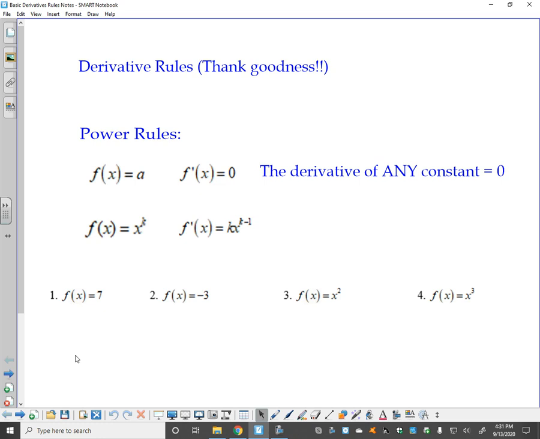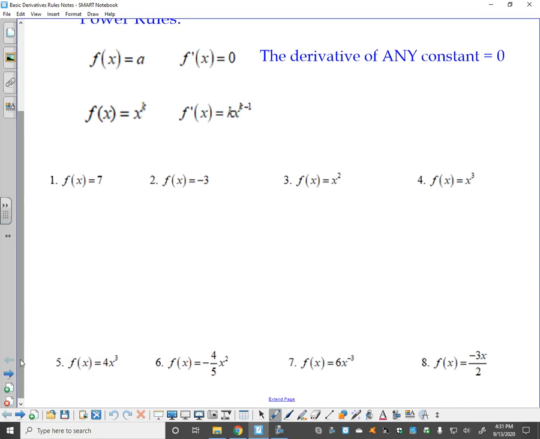Okay, so let's look at the first 4 examples. You cannot just write what it is. You have to denote what you're finding. So I'm going to write f prime of x equals, and 7 is a constant, so I know my derivative is going to be a 0. F prime of x equals, negative 3 is a constant, so I know my derivative is going to be a 0.